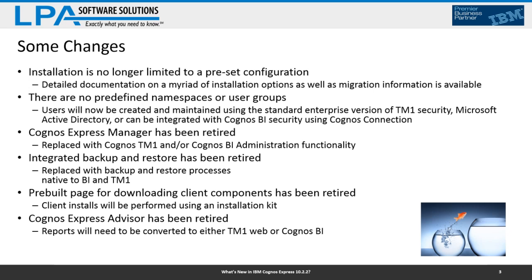And in addition, of course, since this is a change and you are going from this preset world to a world of options, there is a whole bunch of information that IBM has published with the release about how you migrate from the preset configuration of previous releases to some of the configuration options that you have with this enterprise software install.